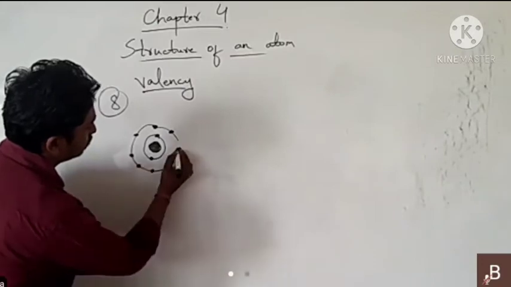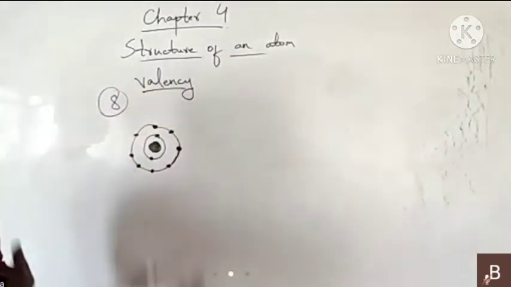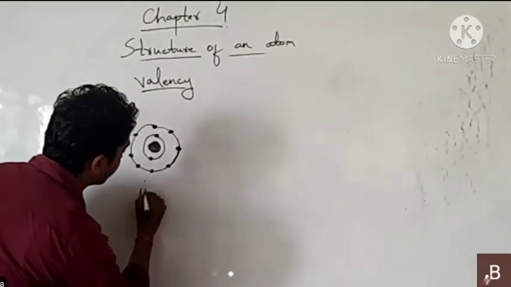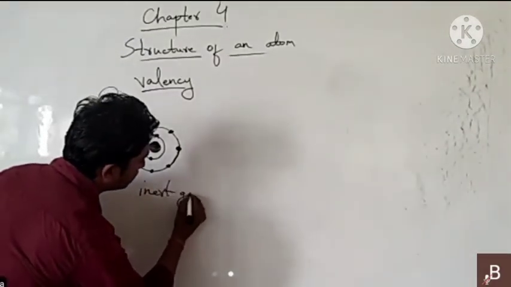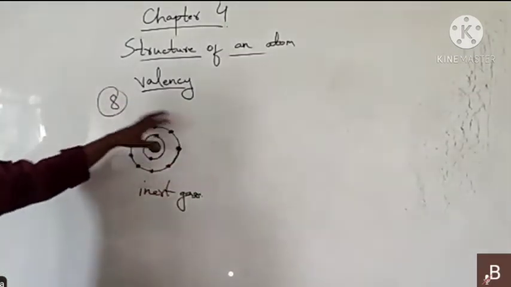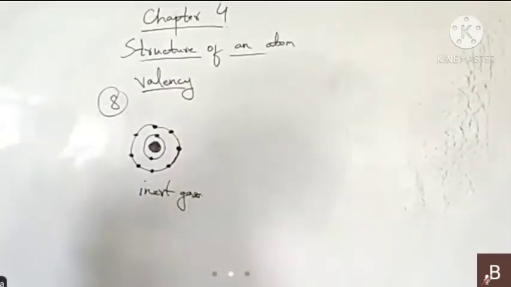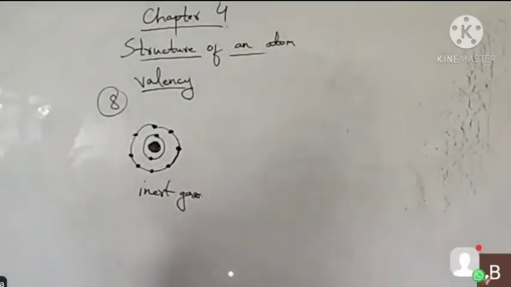So this has fulfilled, so this will neither gain electrons nor lose electrons. So they are called inert gases. So in inert gases, we can say that the outermost shell has an octet number. Then we will talk more.